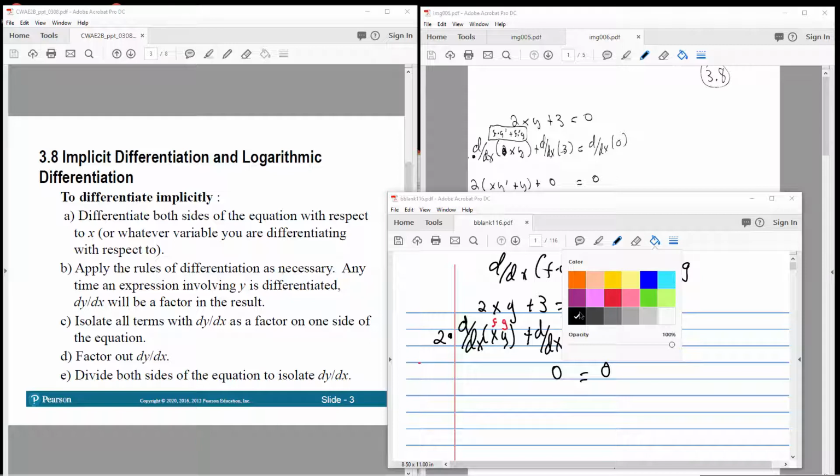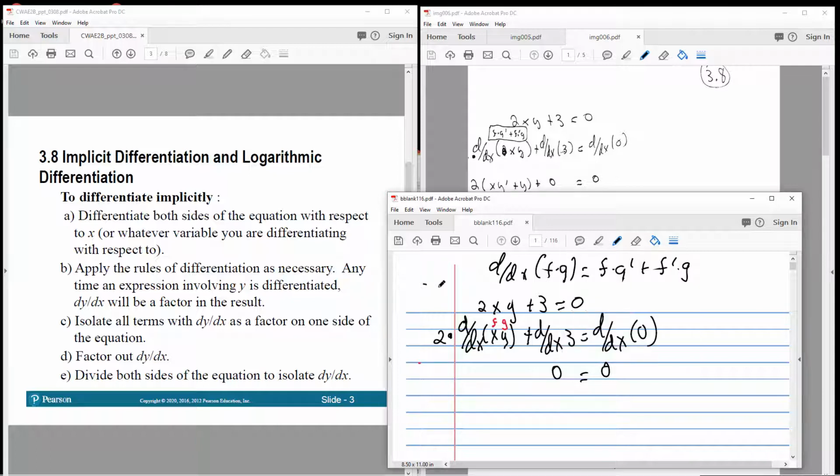So I'm going to have 2 times f, it's going to be x, times the derivative of y. Since this y is some implied function of x, the implied derivative is just going to be y prime, times f prime, which is x, which is just going to be 1, times y, times g, which is just y.